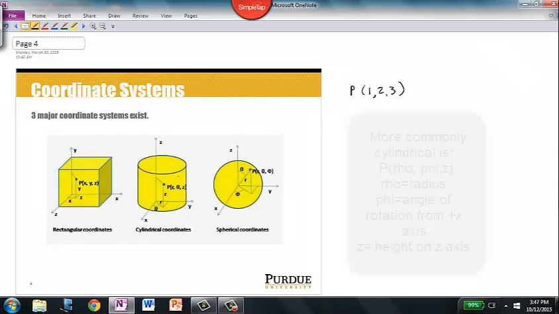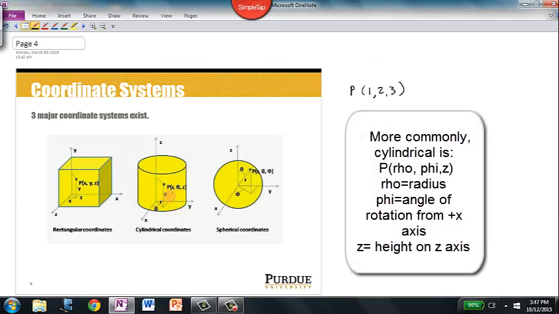In this diagram, any point P is defined as (r, theta, z), where r is the radius of the cylinder, theta is the angle of the point as measured from the positive x-axis, and z is the height to the point along the cylinder.